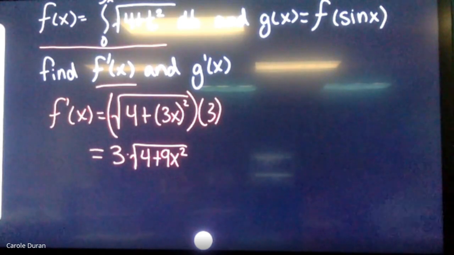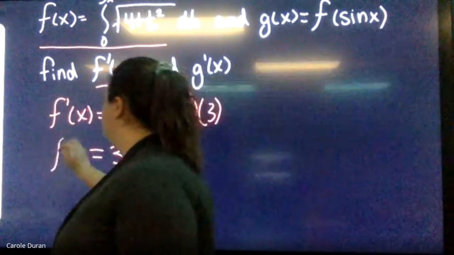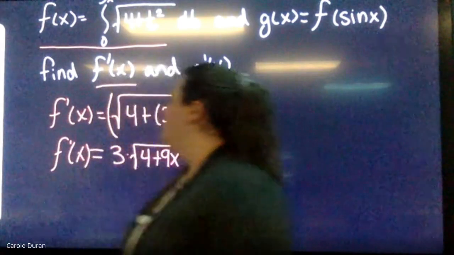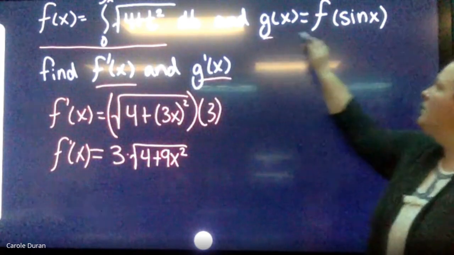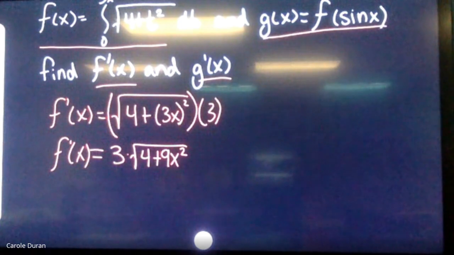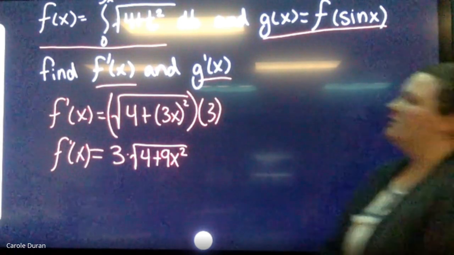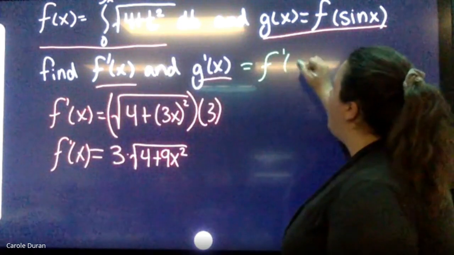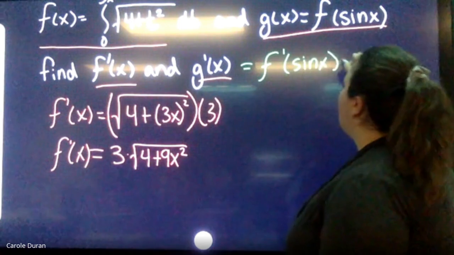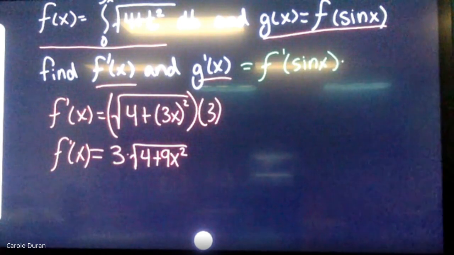Okay, so remember, this is f prime of x. Now what I need to do is find g prime, which means I'm going to be dealing with that function over there to the right. It told me that original g was the function f with sine of x plugged into it, which means that g prime has to be the derivative of f with sine in it times the derivative of sine, which is what?